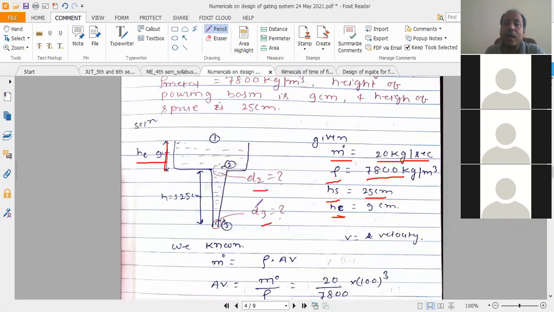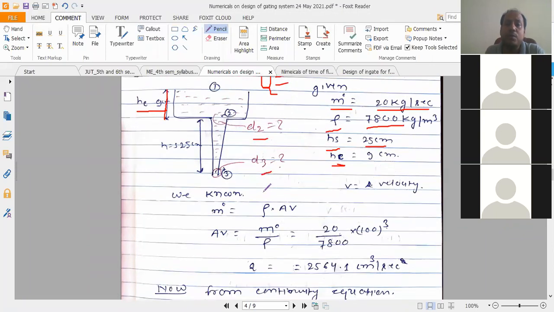So first you have to determine the volume flow rate of the molten metal. How will the volume flow rate of the molten metal be found? Mass flow rate is given. Volume per second means this one is the velocity, this one is the area.